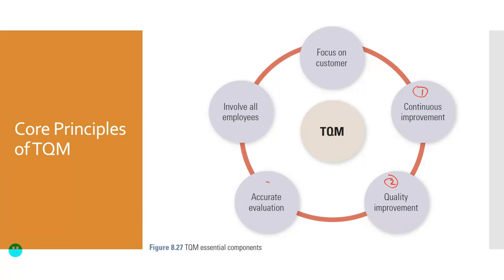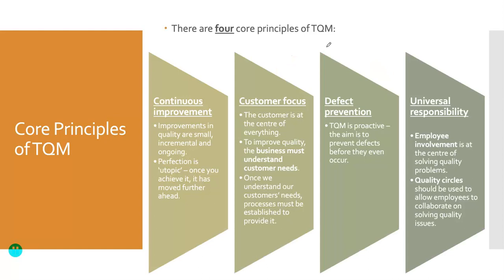They are making sure that they are accurately evaluating their processes, and they must involve all the employees. And they know if they do that, ultimately, the customer will be happy, and there is a focus on the customer because they know that if the customer is happy, the business should achieve their objectives. You can read about the core principles a bit more here.